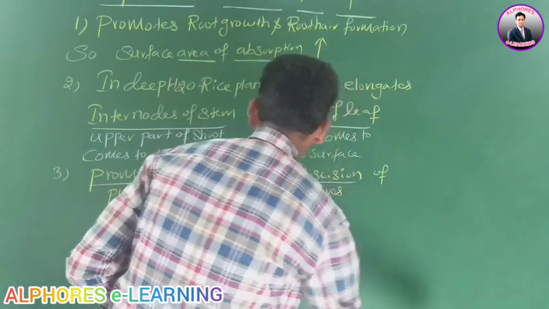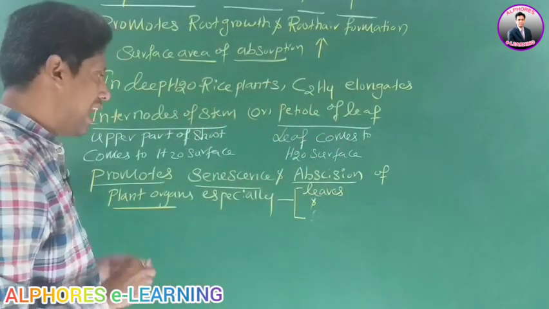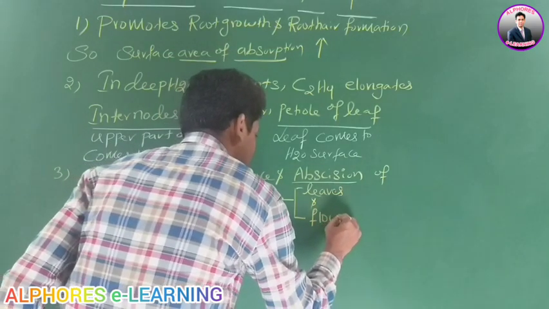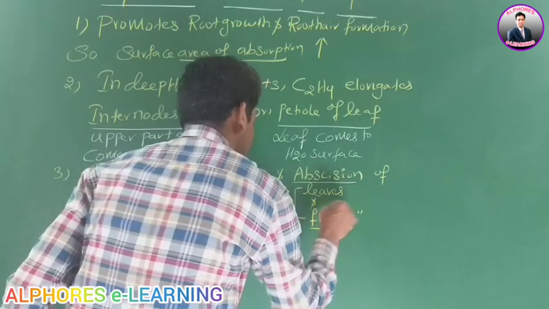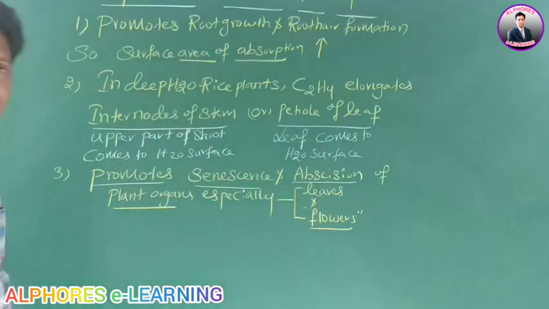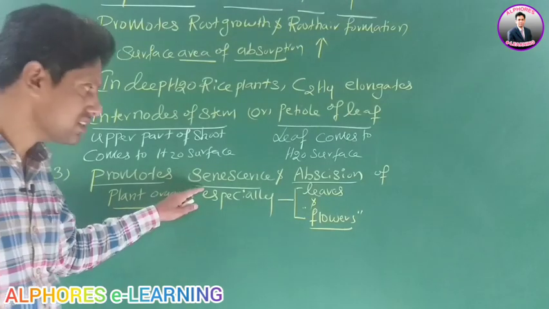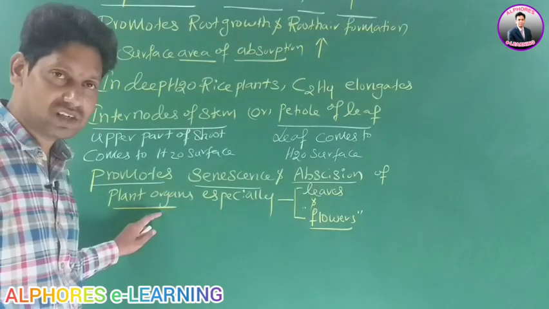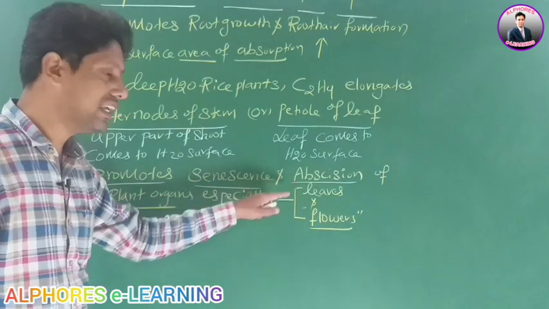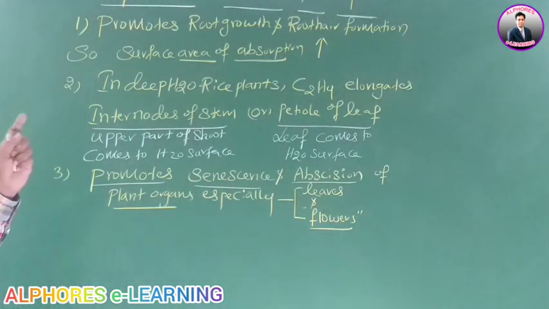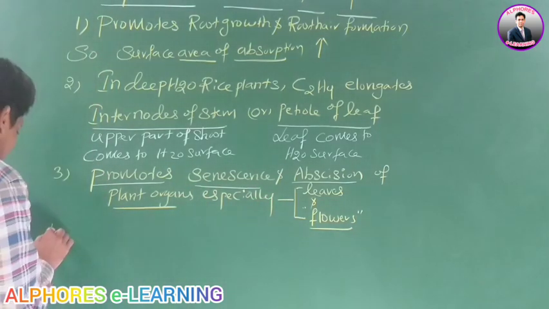It promotes senescence and abscission of leaves and what, sir? Flowers. Leaves and flowers. It's not fruit, it is flowers. Okay? Therefore, it promotes senescence and abscission of plant organs, especially leaves and flowers. Right. Now go for the next physiological effect of ethylene.